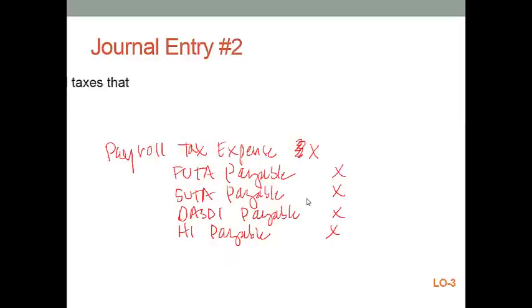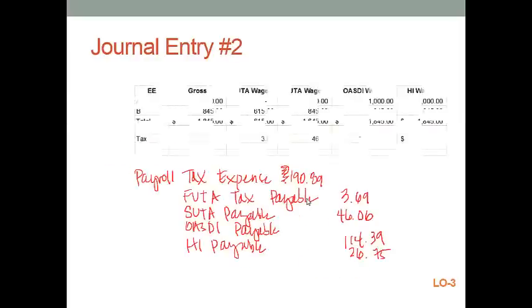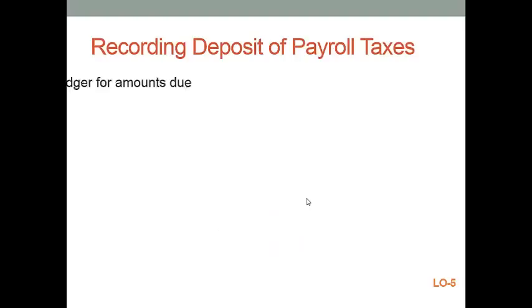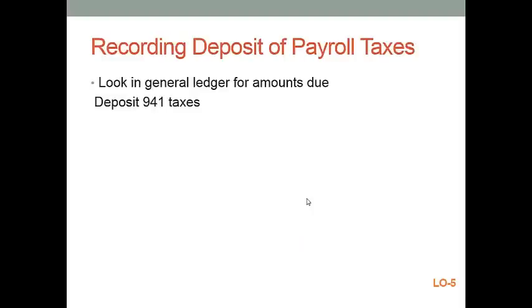So $174 is what we owe for 941 taxes. Again, these could be deposited semi-weekly or monthly. So we're going to debit, let me go ahead and write the ones that we are paying.